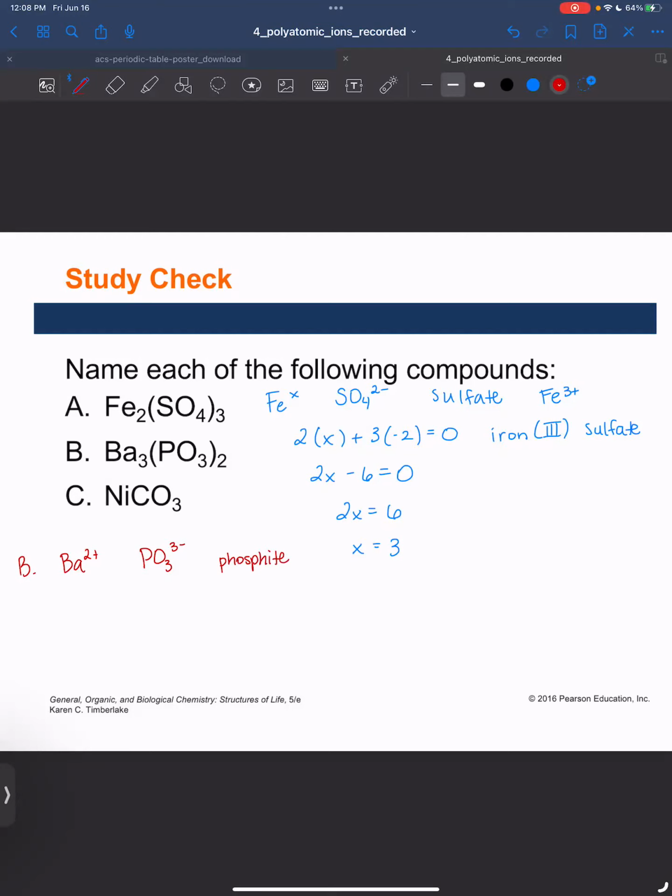And barium is not a transition metal, so we don't need a Roman numeral. So we just write the full name of that cation, and then the anion's name as well. It's a polyatomic ion, so you just write the name as is. So this is barium phosphite.